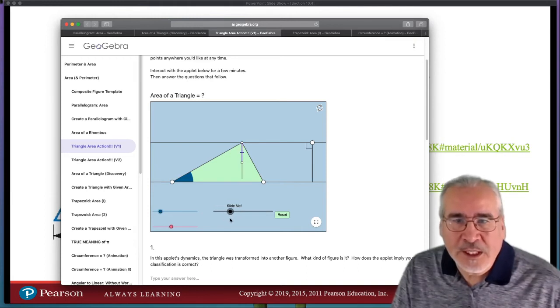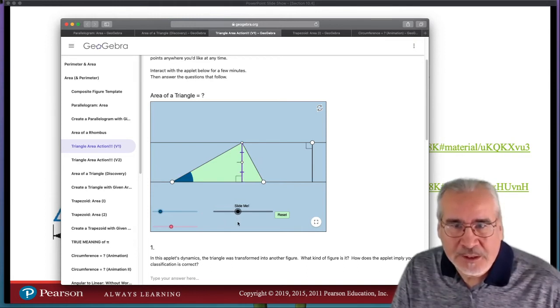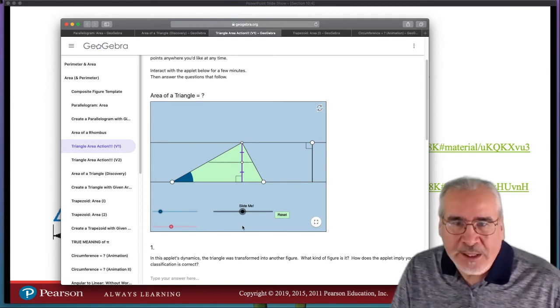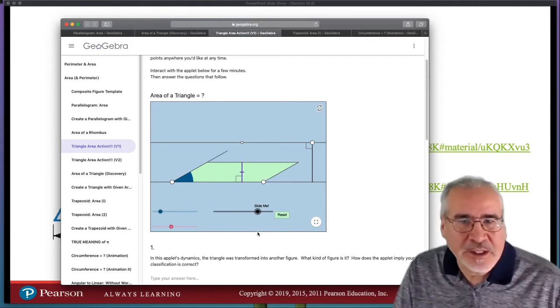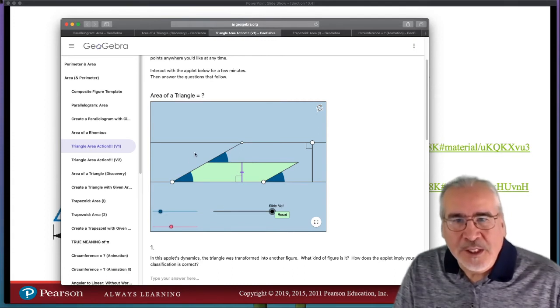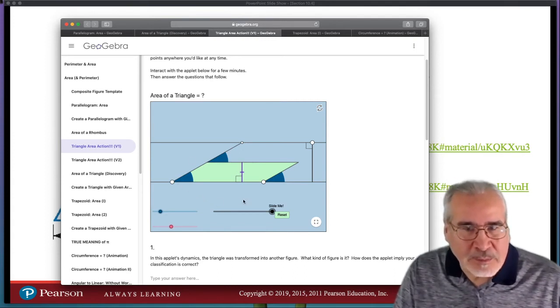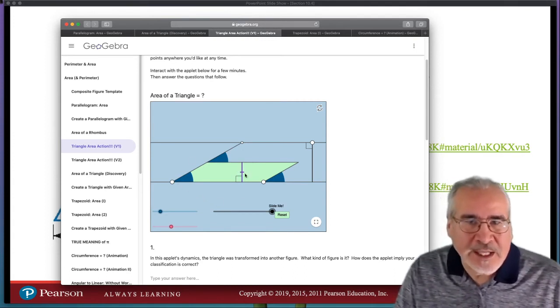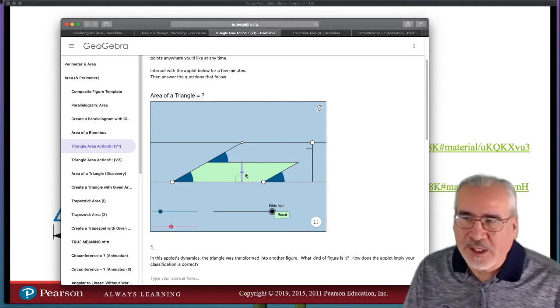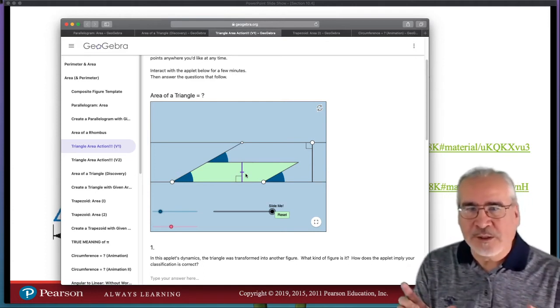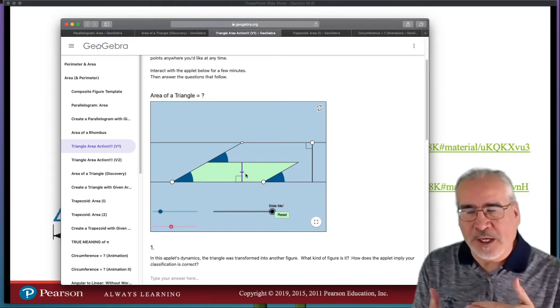It's then going to cut the height in half. See, those are exactly half. And at the halfway point, it draws a line and cuts off the top, flips it over, and we get a parallelogram. And again, the rest is just showing that's a parallelogram. So the parallelogram has the same base, and this height is half of the height of the triangle. So either way you want to look at it, a triangle is half of a parallelogram.